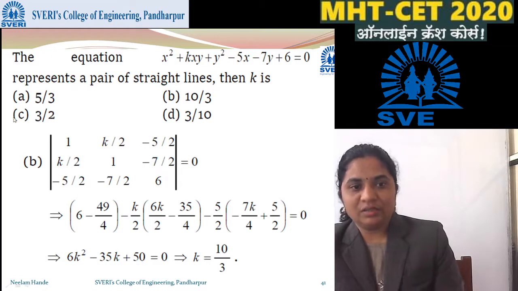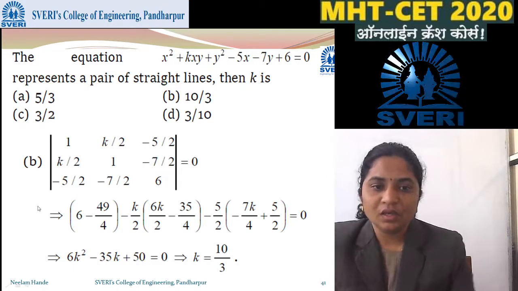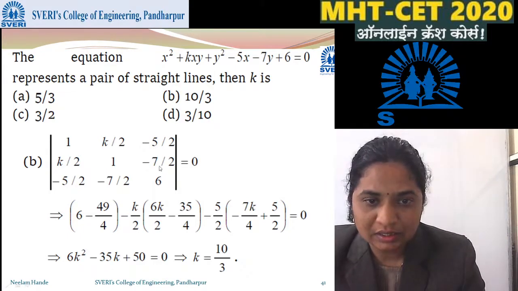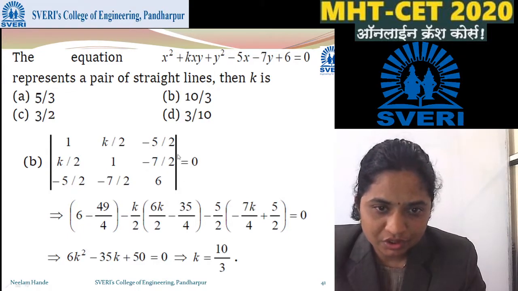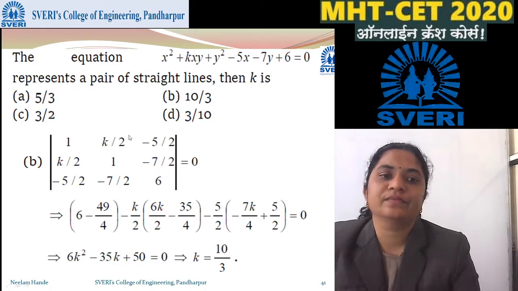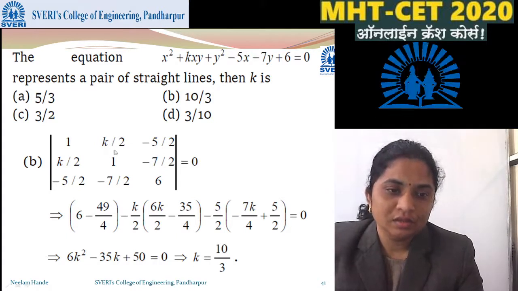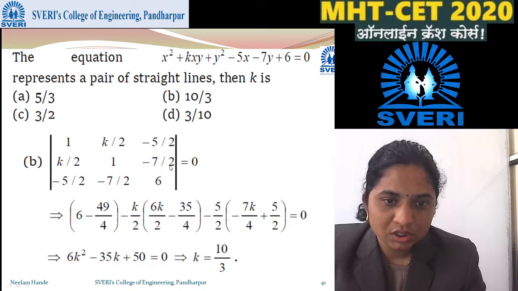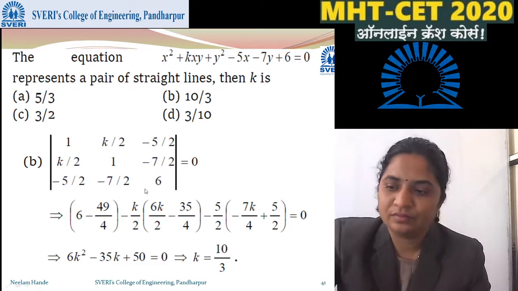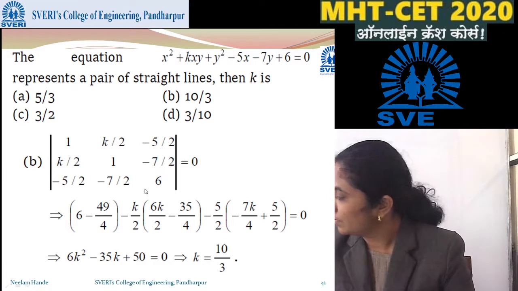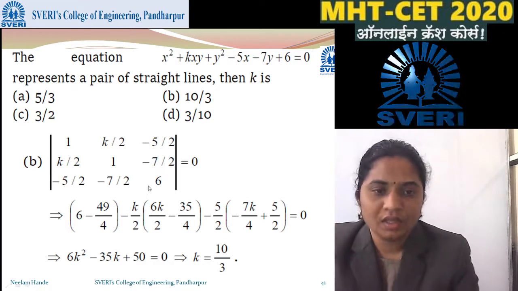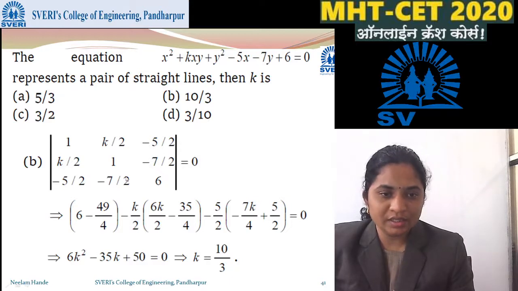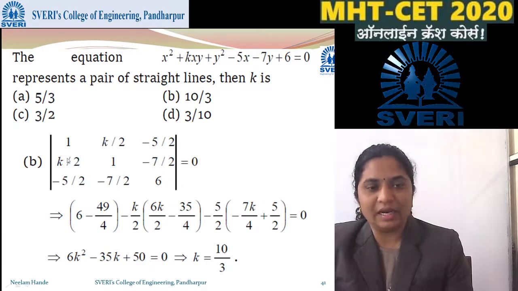What is the determinant? a, h, g; h, b, f; g, f, c. Same here, mirror. h, h, g, g, f, f. So this is the determinant, we'll write it again like that, similar as it is a mirror.